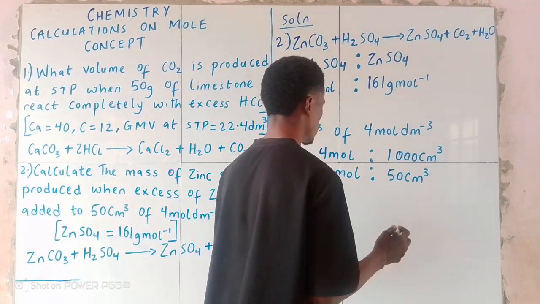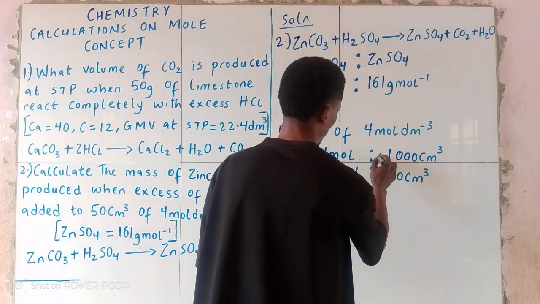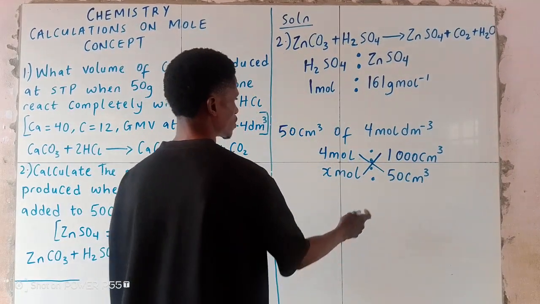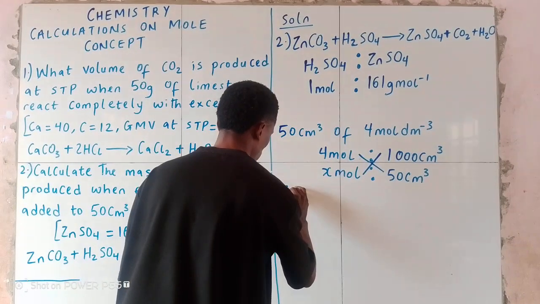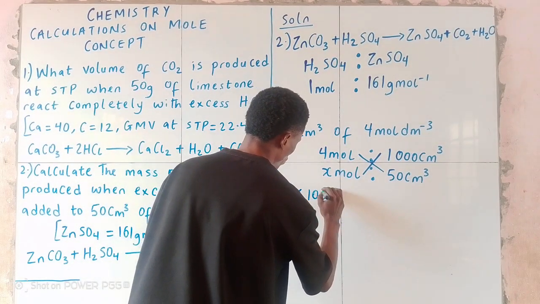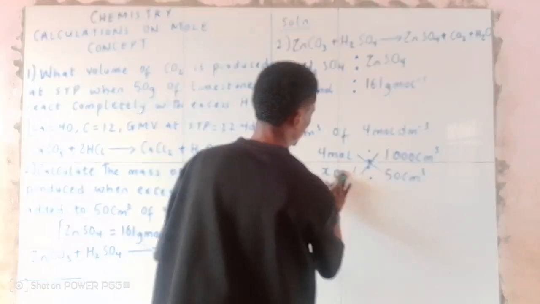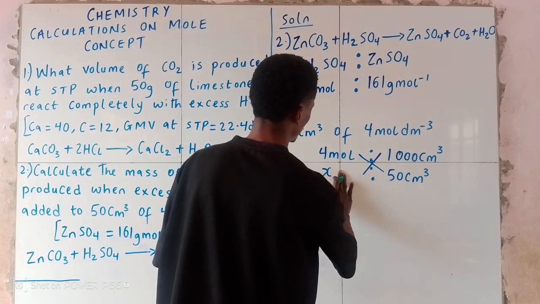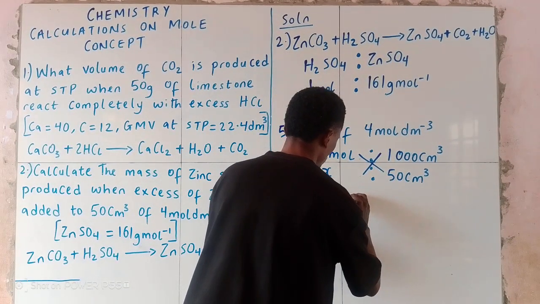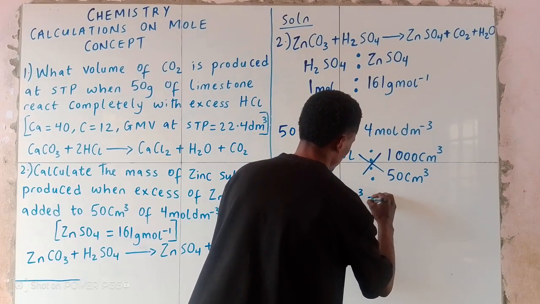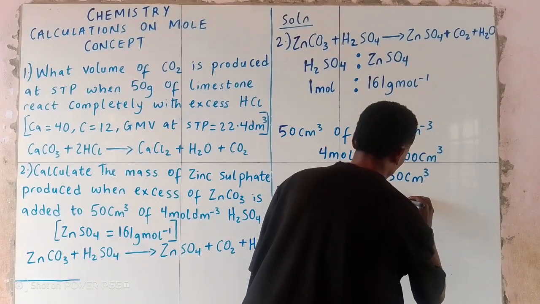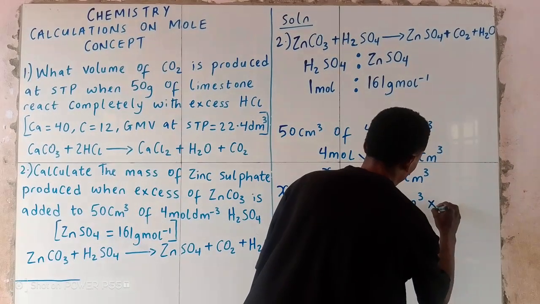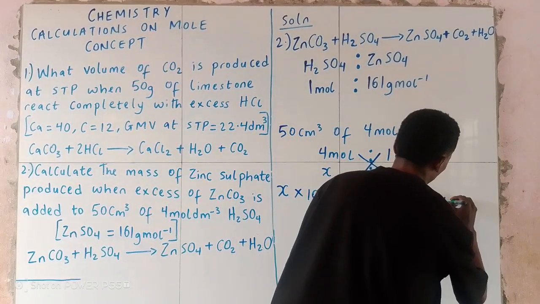My next task is to cross multiply this and this. So I'm going to have x times 1000 cm³ equal to 50 cm³ multiplied by 4 mole.